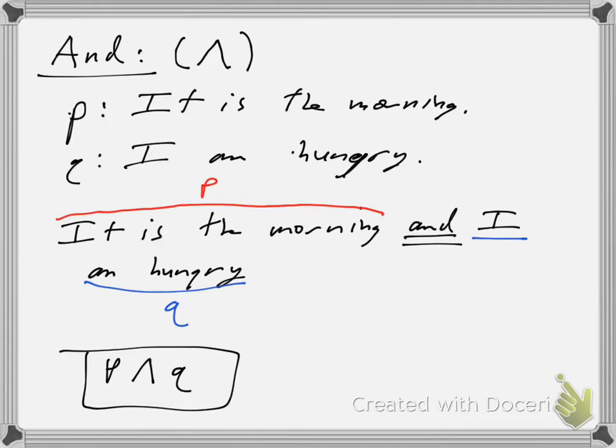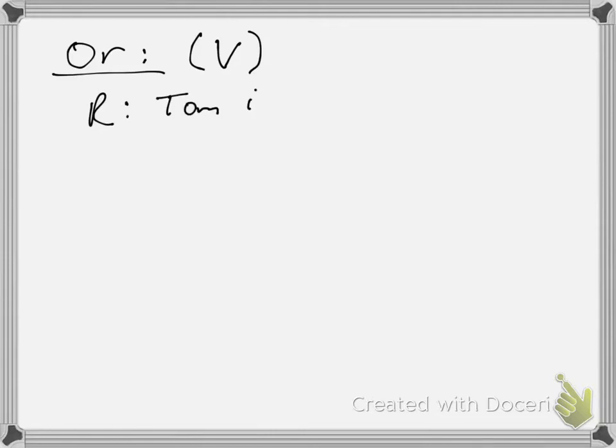Okay? Now let's talk about an or. How does or work? Well, or uses the right side up V. That's the symbol we use. So if I say this is my statement R, Tom is a waiter, is my statement.